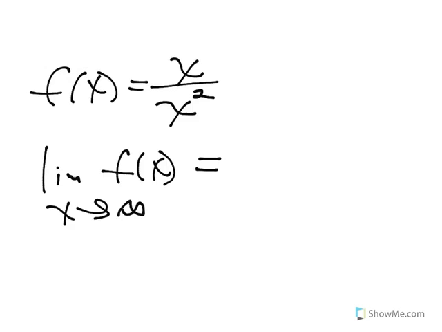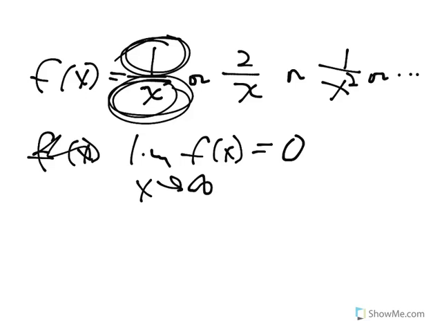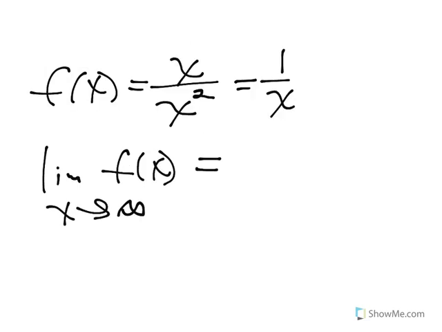If you have variables in both the numerator and the denominator, you can't just plug infinity into both, because you get infinity over infinity. But if you first reduce the fraction, it turns into this case, so it will be 0.